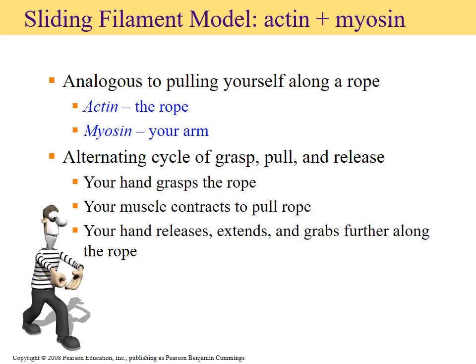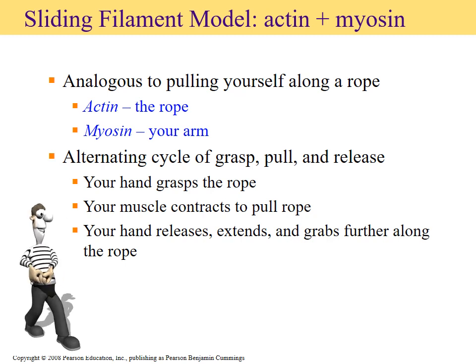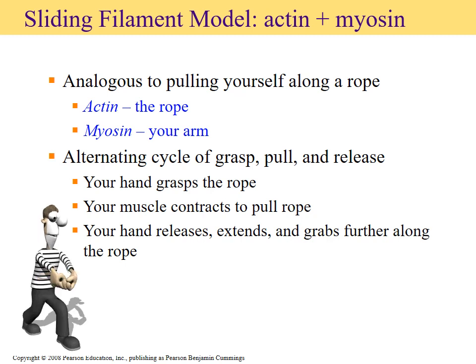Now, we can't let go of the actin when we're contracting, so most of the time, one head of the myosin will stay physically connected, while the other head will let go so it can easily tug over the actin. So that's what our little mime's trying to do.